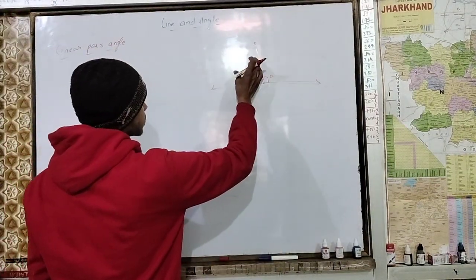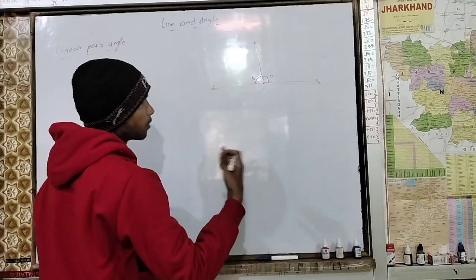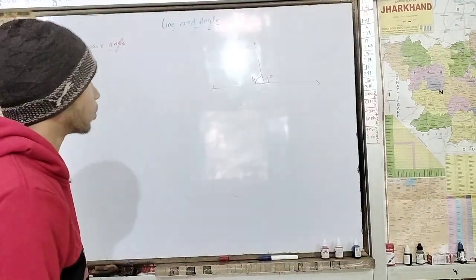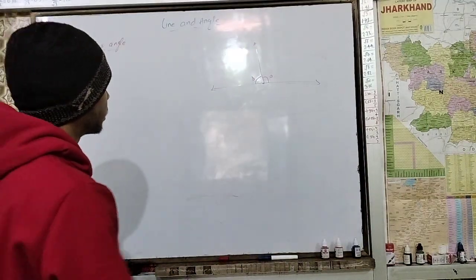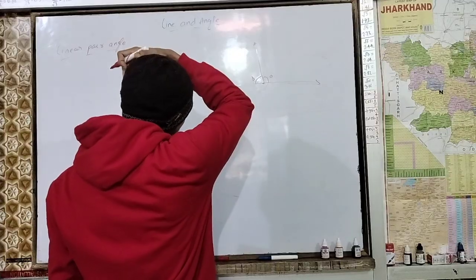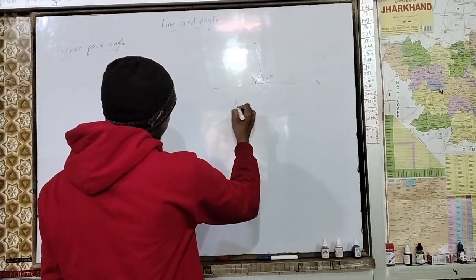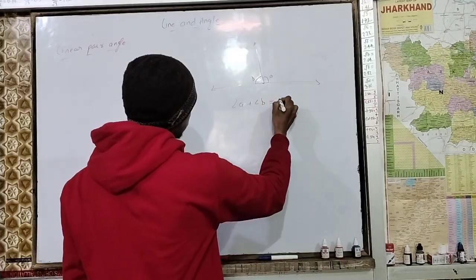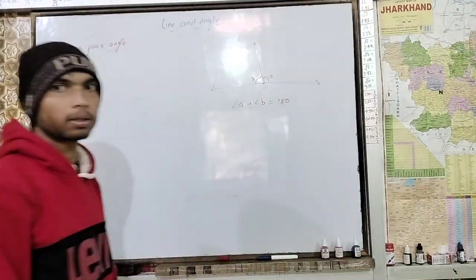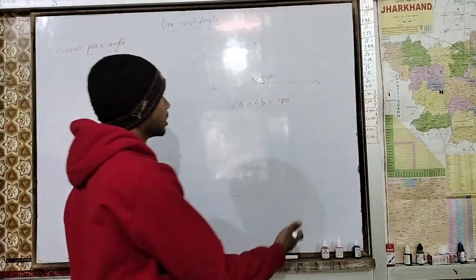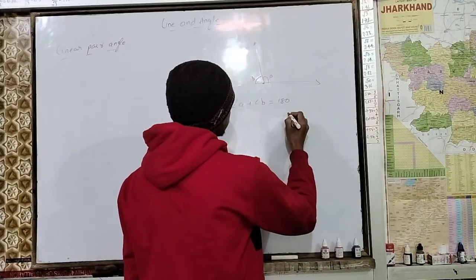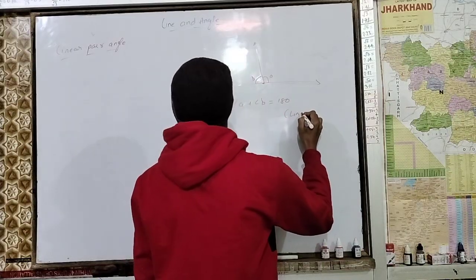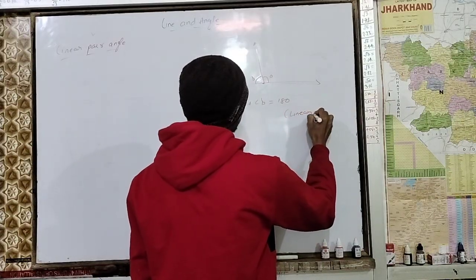This is one part, this is another part. The sum of both parts will be how much? 180 degrees. You can write like this: angle A plus angle B is going to be equal to 180 degrees. The reason is they are making a linear pair angle.